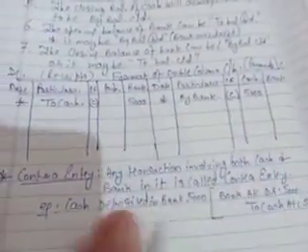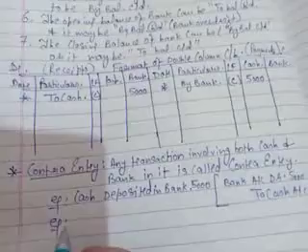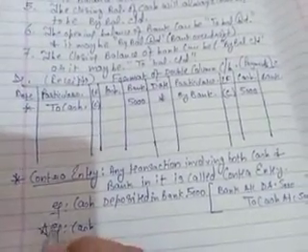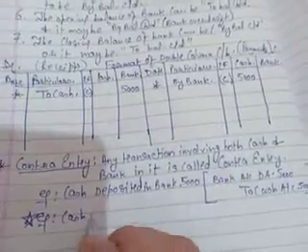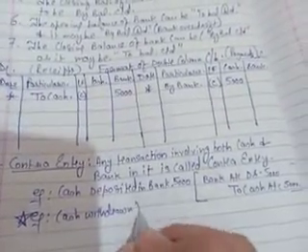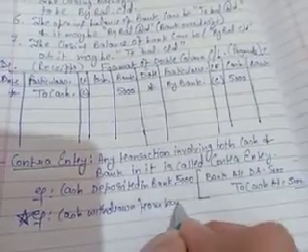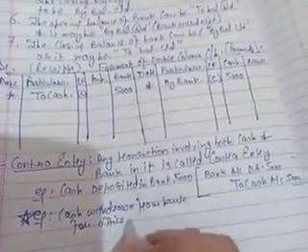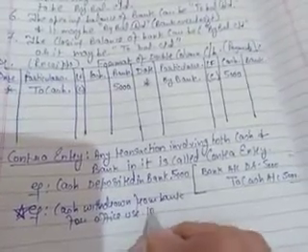This is how contra entry is posted. Another example of contra entry is cash withdrawn from bank for office use, 10,000.